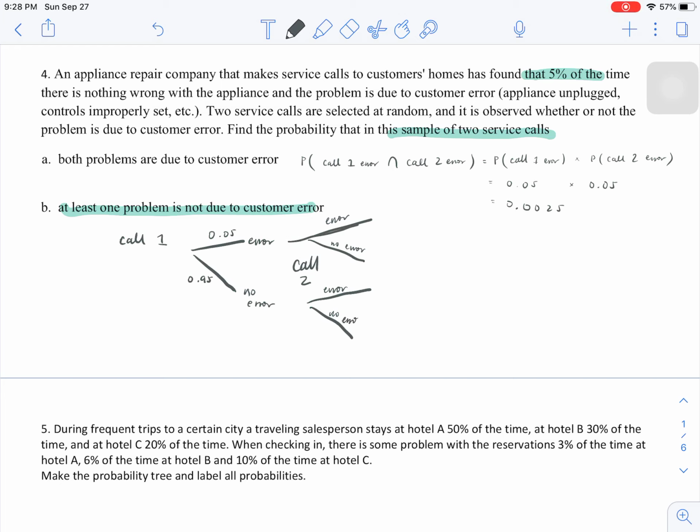You notice that I am branching off the first call. I am branching off either outcome for the first call. Again, this probability, I'll write these events here on the side.